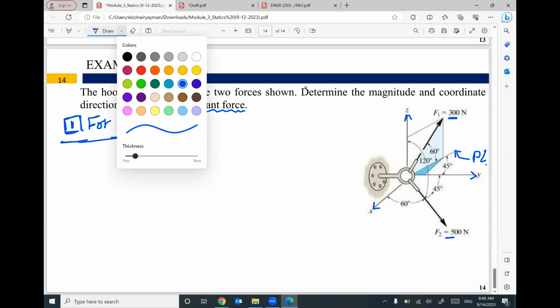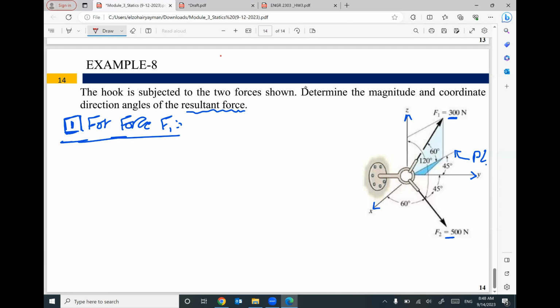So the first step, I need to break the force F1 between the projection line and your Z-axis. Very easy. And I hope you use colored pencils in your solution, it will help a lot.